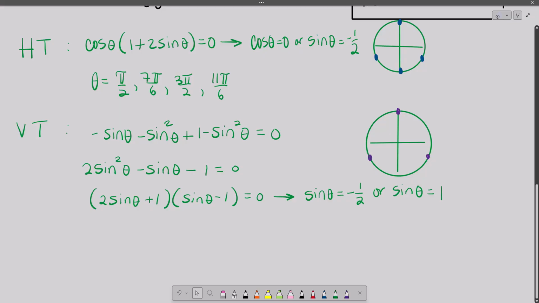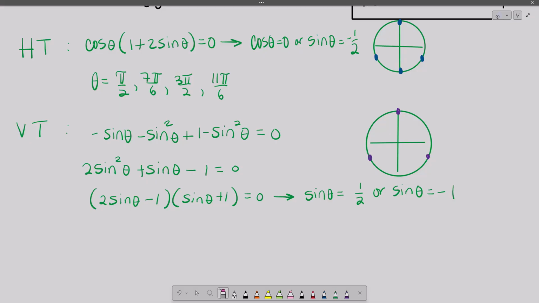So that is the error right there. Sine squared goes to the right, giving us 2 sine squared. Minus sine goes to the right, making this positive, which then switches these two. Yes. So then this is positive sine, positive 1/2 here, and negative 1 right there. Yeah, there can't be that many that are overlapping.